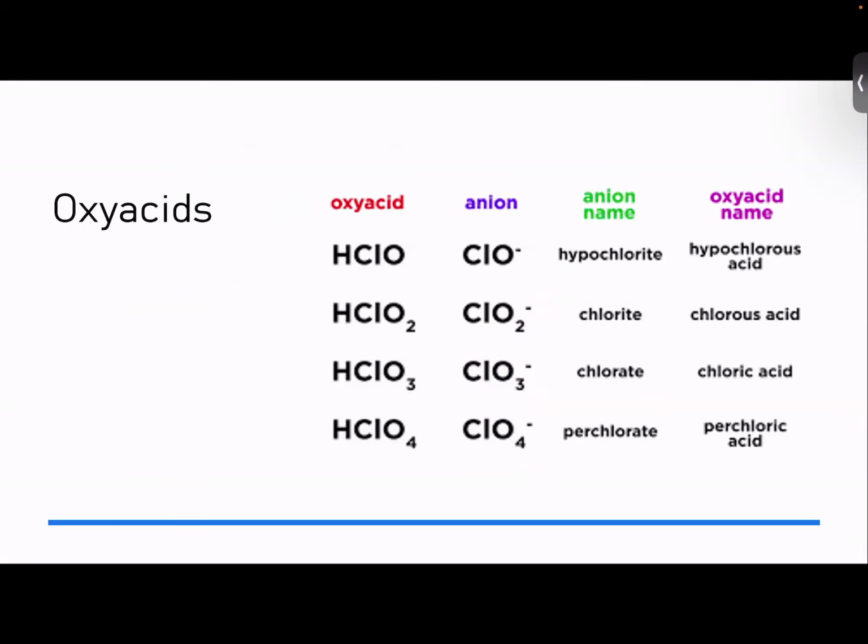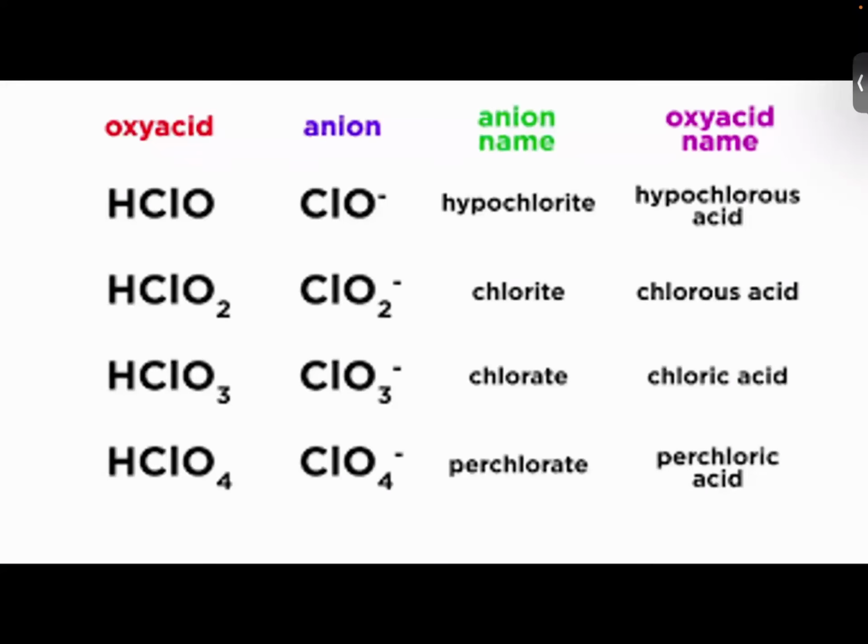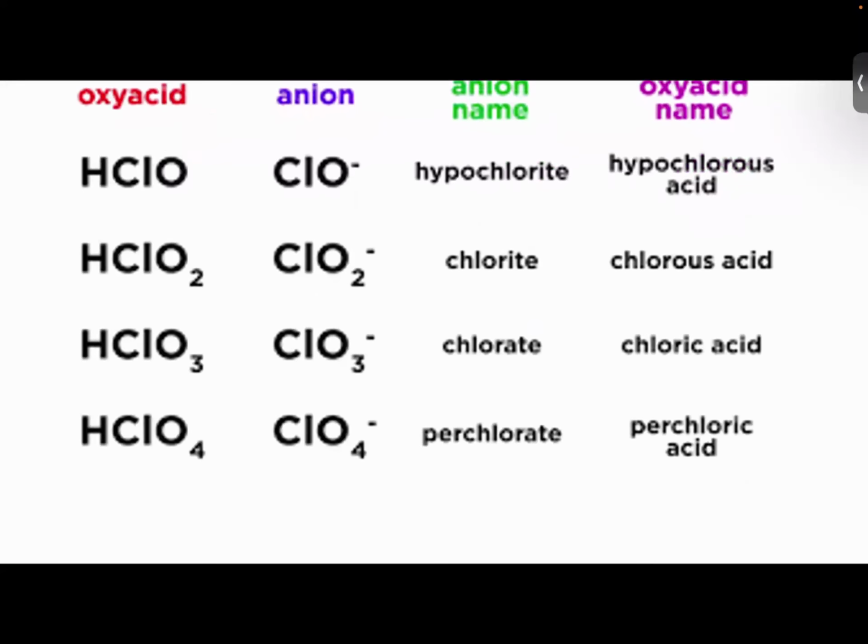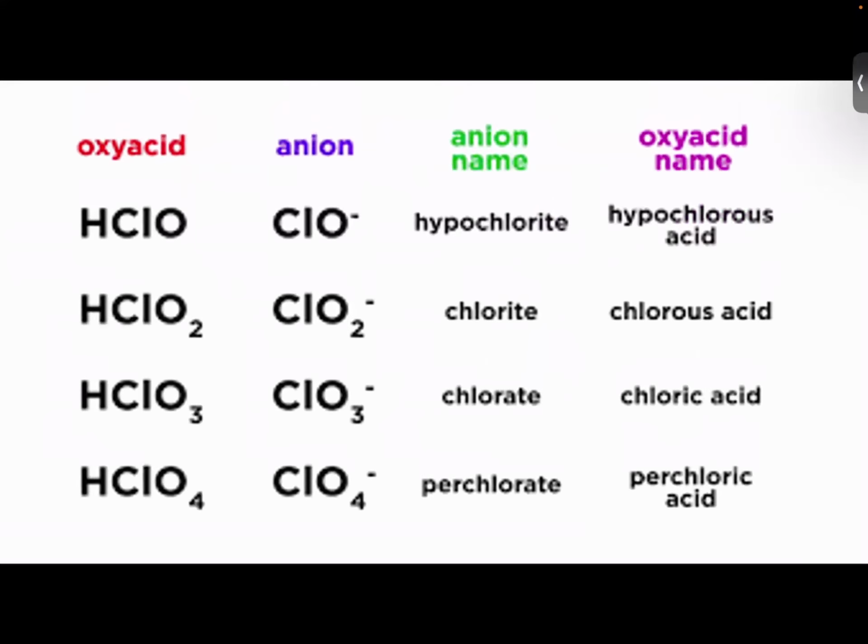Now, this is true, period, folks. Even for your group 17 polyatomic acids, which are a family of 4. ClO4 minus is called perchlorate.